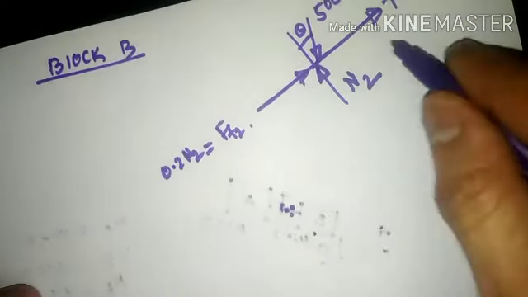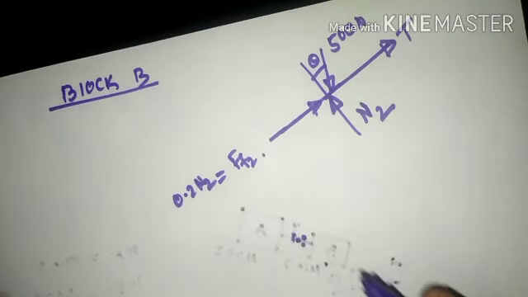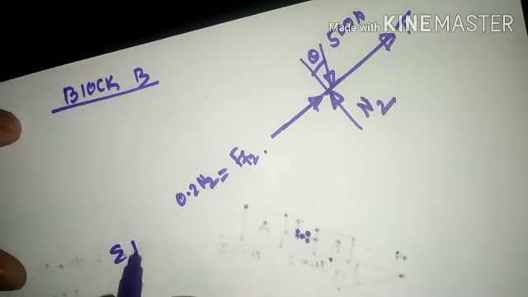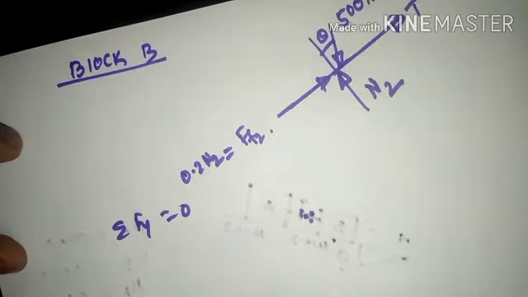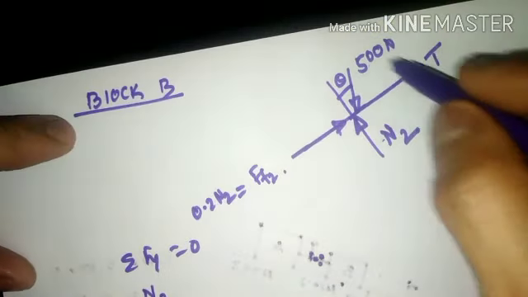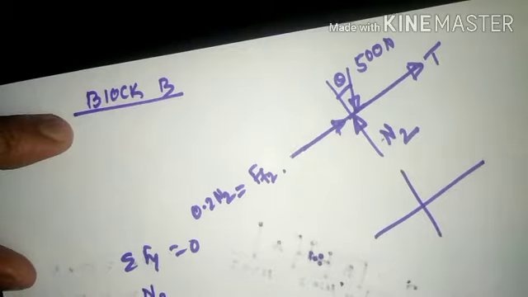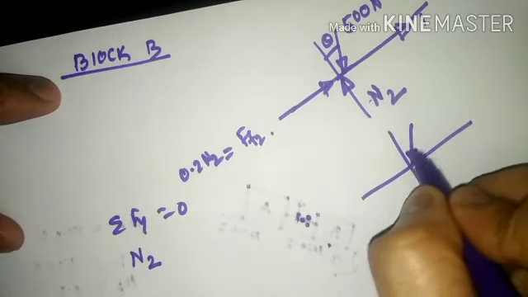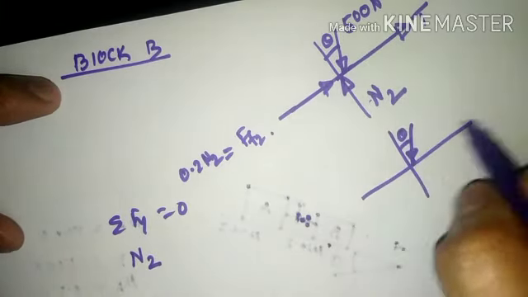Now we shall start with a solution for this particular block by considering summation Fi is equal to 0. N2 is shown upward, so positive. This 500 Newton force again will be resolved along vertical and horizontal directions.